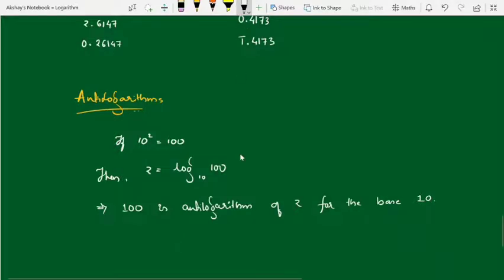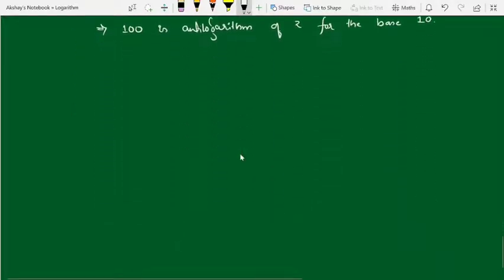Okay. Next, we have some formulas over here. Okay, important formulas I am noting down, and we'll see how to solve numericals with the help of these log and anti-log tables. Okay, let me write the formulas here.